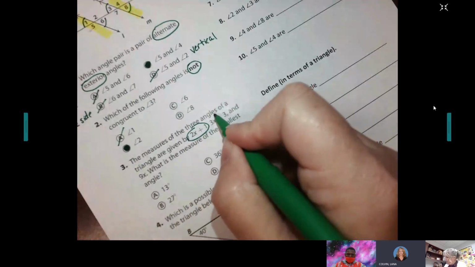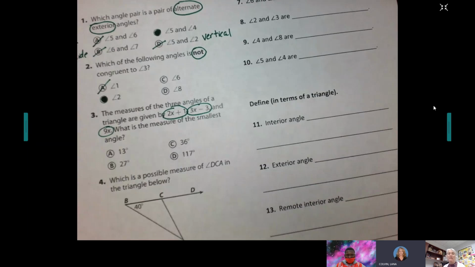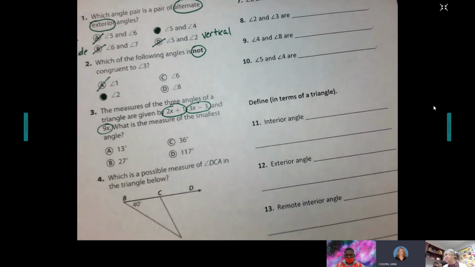So I've got 3 angles. Here's one angle, here's another angle, and here's another angle. And it's asking me to find the measure of the smallest angle. So first thing I've got to do is figure out what x is equal to. So Will, what do I know about the angles of a triangle? Yeah, but that's not, I said, what do I know about the angles of a triangle?